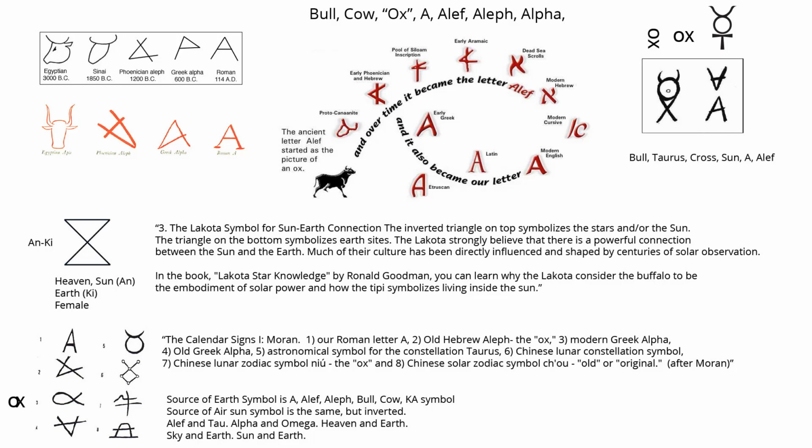In the book Lakota Star Knowledge by Ronald Goodman, you can learn why the Lakota consider the buffalo to be the embodiment of solar power and how the teepee symbolizes living inside the sun. So you can look at the Ankh symbol in the earth and the heaven. When you look at the teepee, you have the bottom part of the teepee hut is where people live, and the top part that protrudes isn't in the same dimensions.